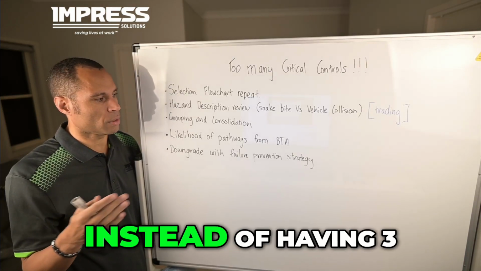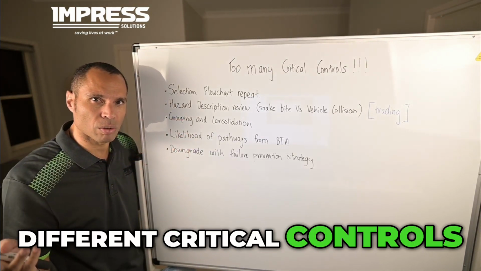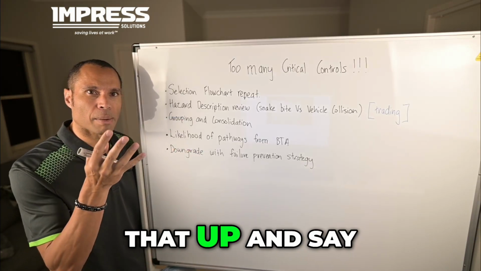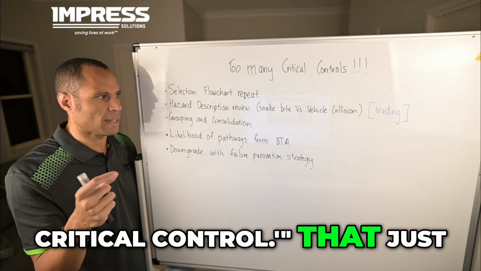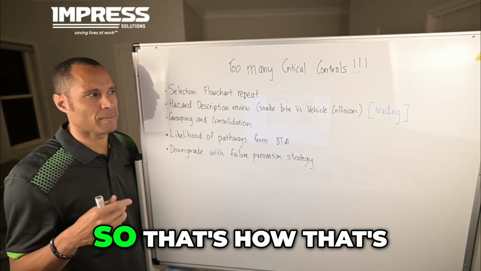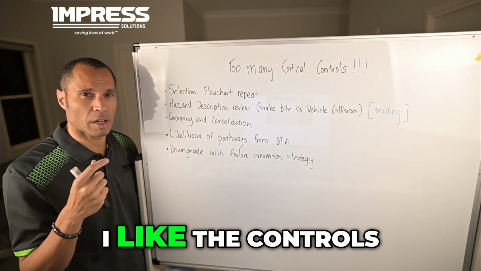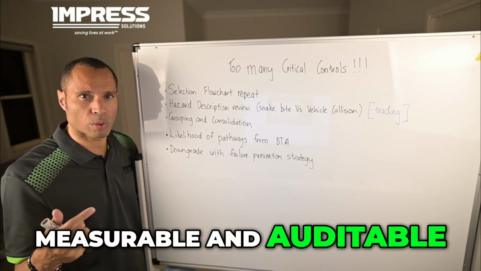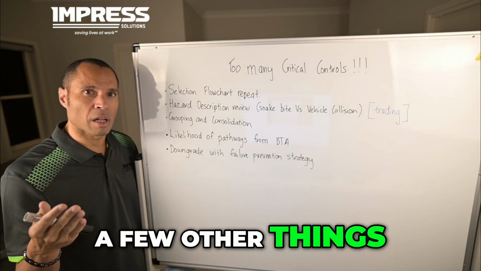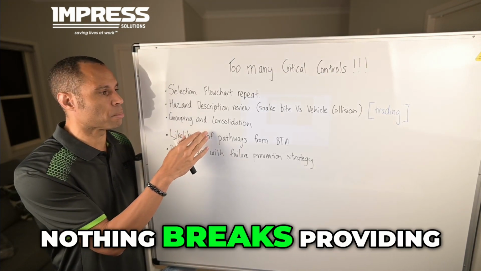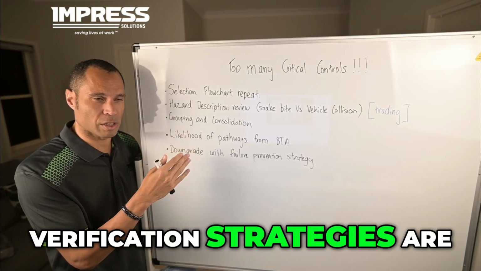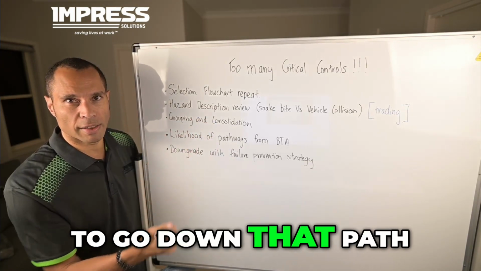And we might say, well, look, instead of having 3 different critical controls, we might just group that up and say the permit is our critical control. That just kind of groups them all together. So that's not my preferred approach. I like the controls to be specific, measurable and auditable and a few other things. But when we start to get to the minutiae, there are some things you can do, and nothing breaks, providing your verification strategies are still robust if you want to go down that path.